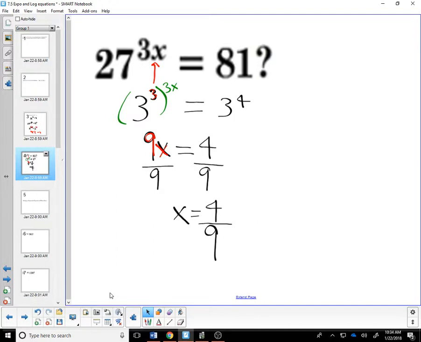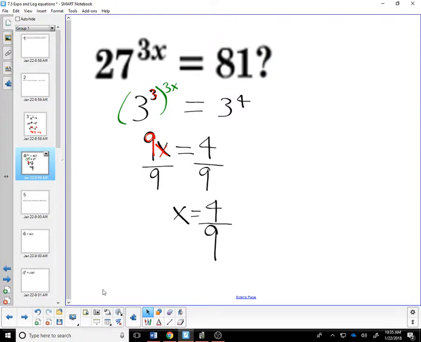Just fine. Now, these were pretty simple, right? Was everybody able to see that the common base was 3?